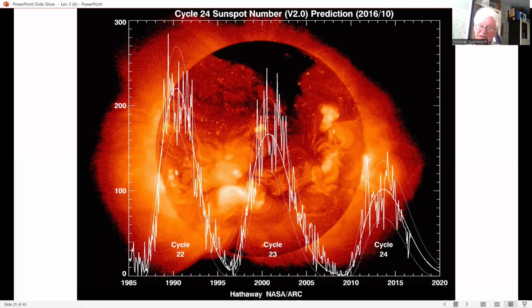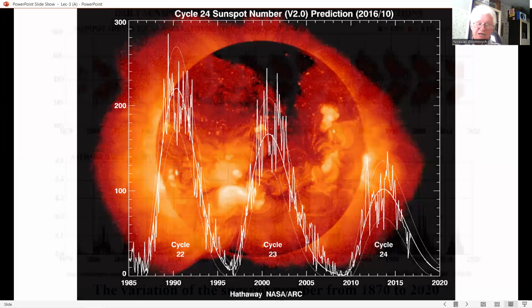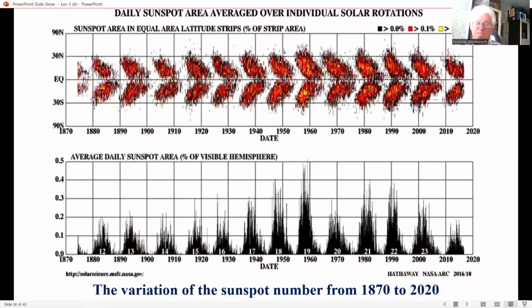Consequently, the complete magnetic cycle is 22 years long, and the sunspot cycle is 11 years long. Okay? This magnetic cycle explains the Maunder butterfly diagram.